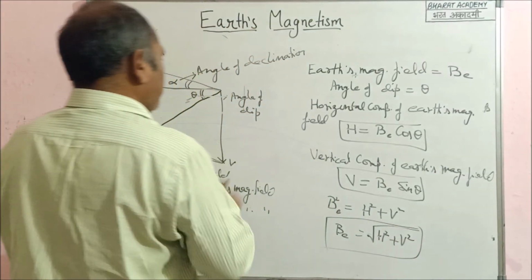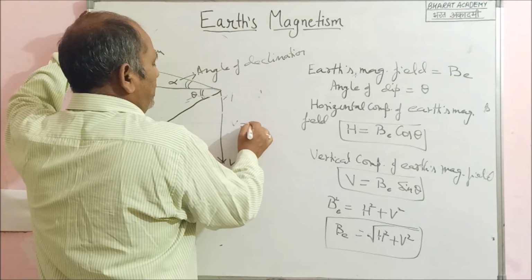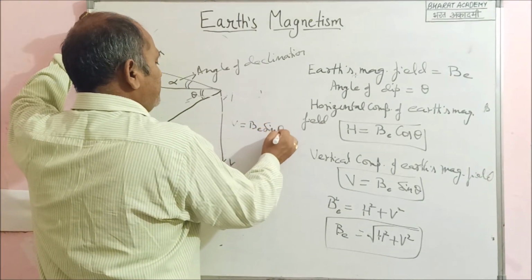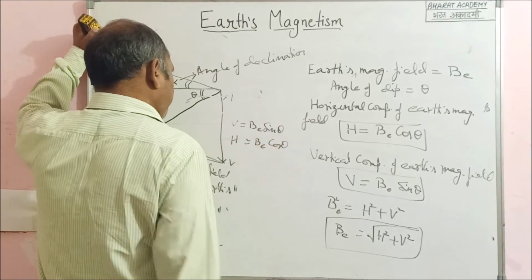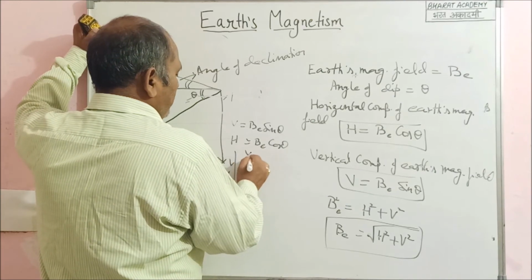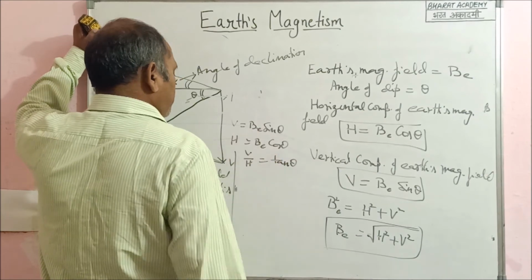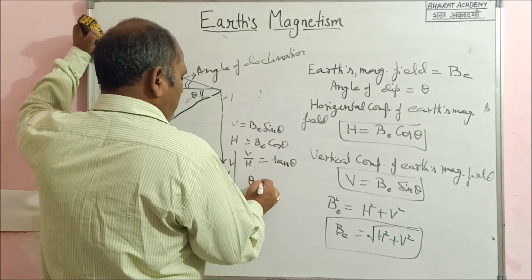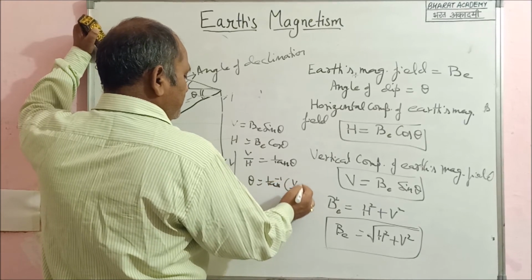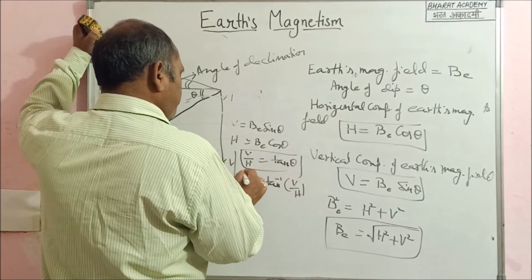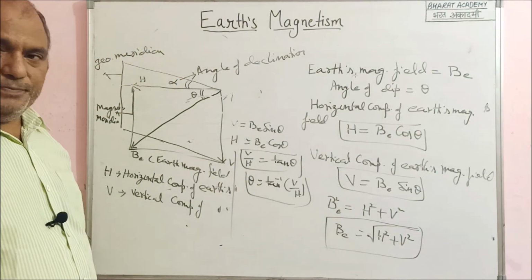And if you want to calculate theta using these components, V is BE sin theta, H is BE cos theta, right? So V by H will be tan theta, BE will cancel, so we are left with tan theta. So the angle of dip can be calculated as tan inverse of V by H, or directly with this formula also. This is how we calculate the angle of dip, right?